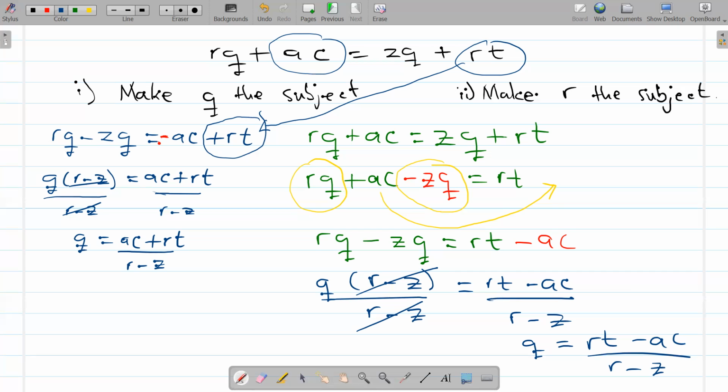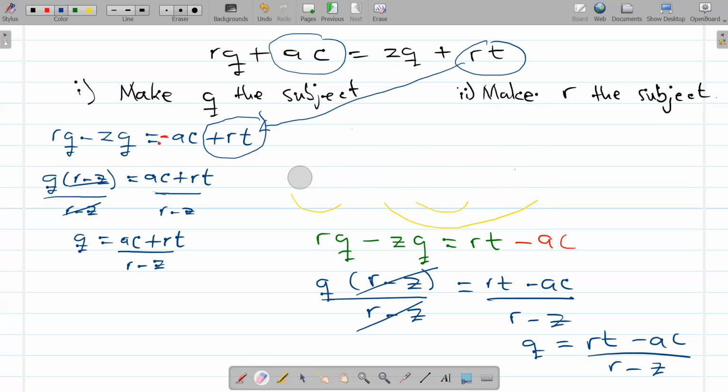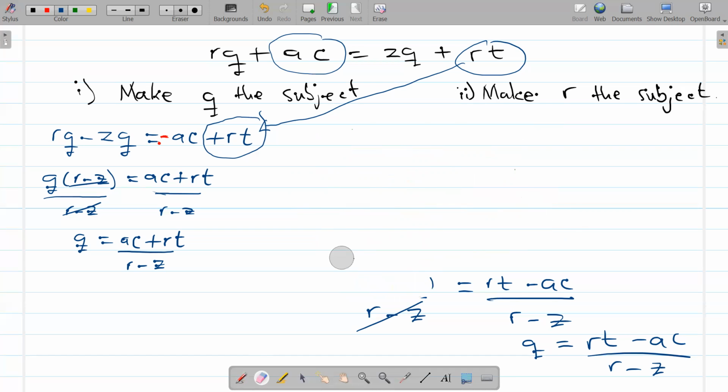So I think I've succeeded, kind of, making R the subject. Okay, let me clean what's here.